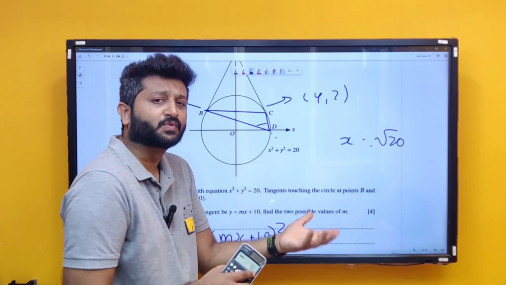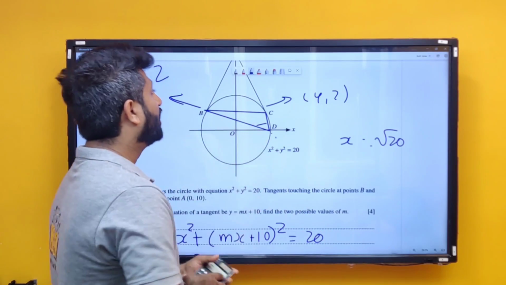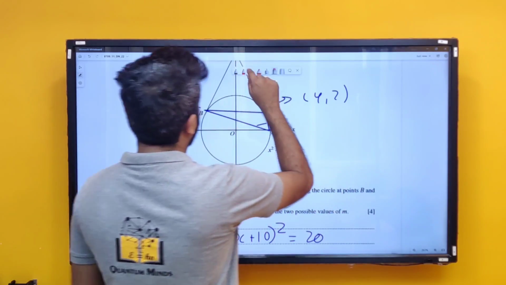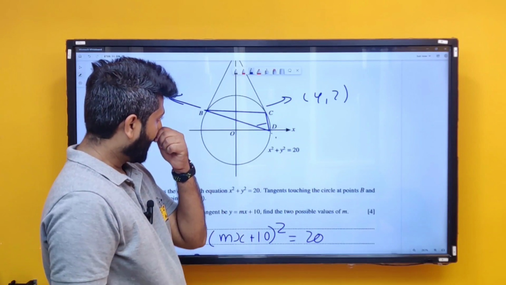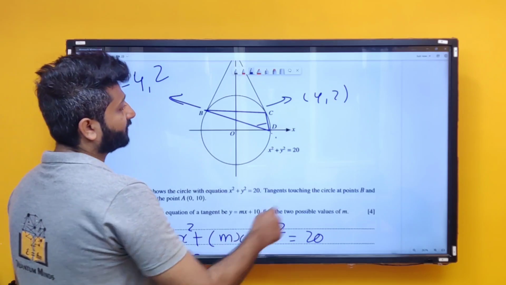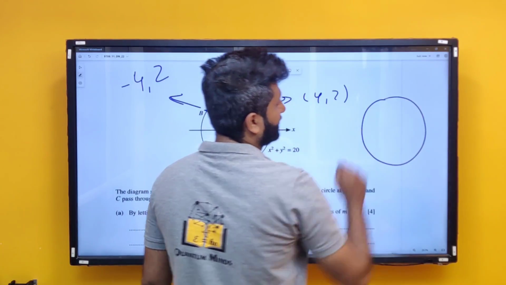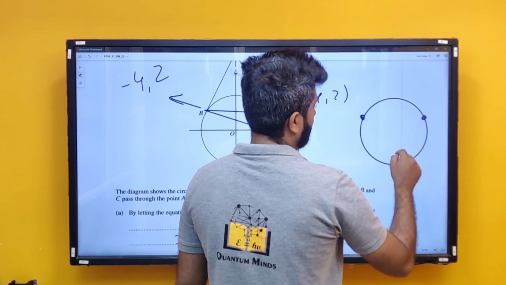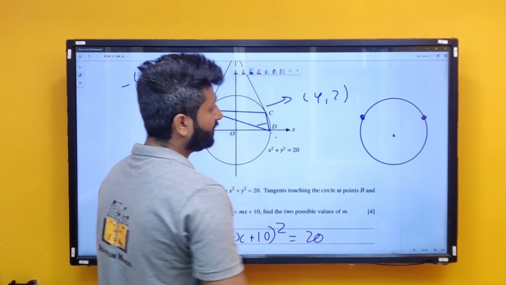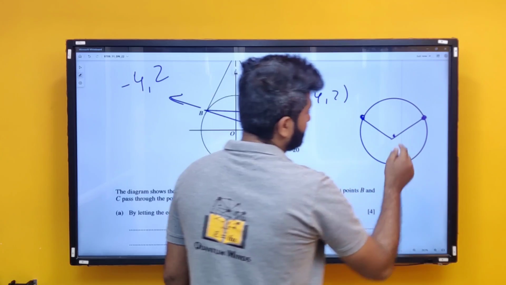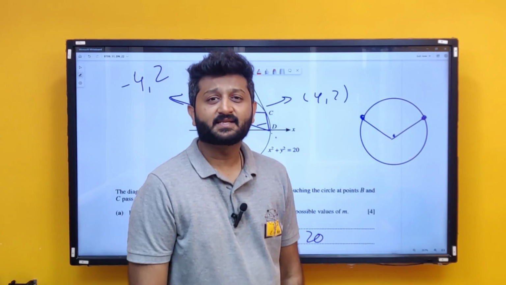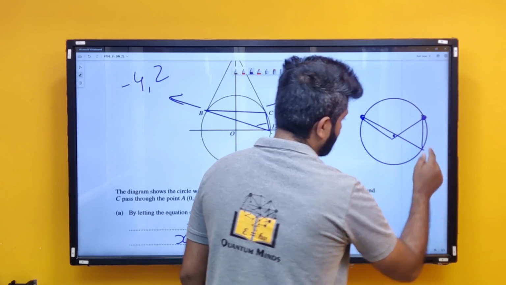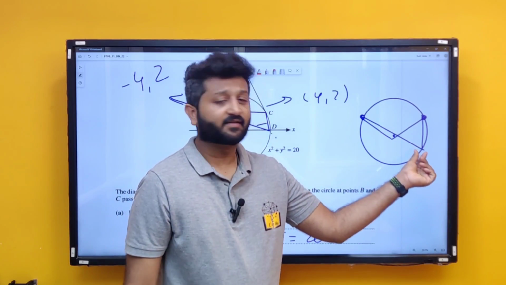We can use cos rule in order to find out this angle. Or we can also use another way. Another way is, let me apply the concept of grade 10th. So let's say this is my circle. These are my 2 points B and C, and this is my center. Now this is known as angle formed at the center, and this is known as angle formed at the circumference.